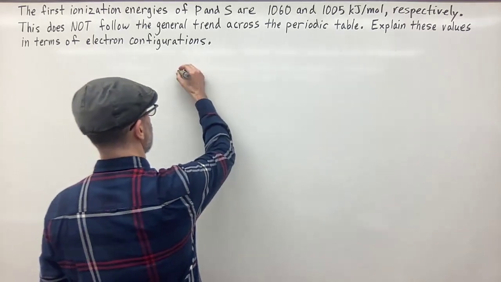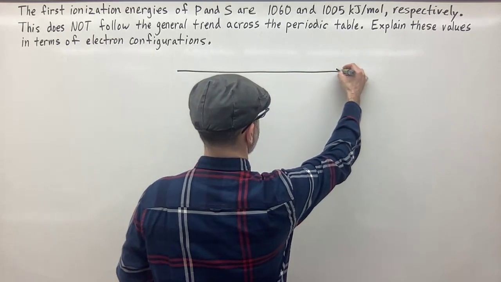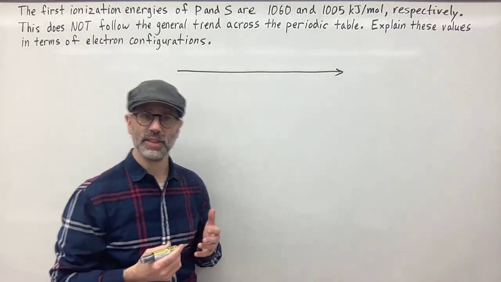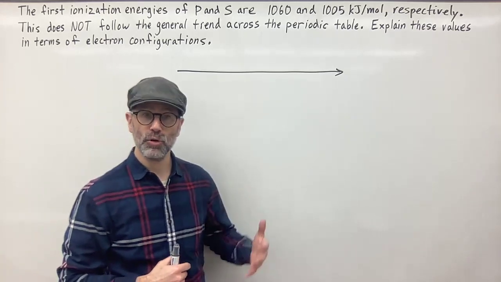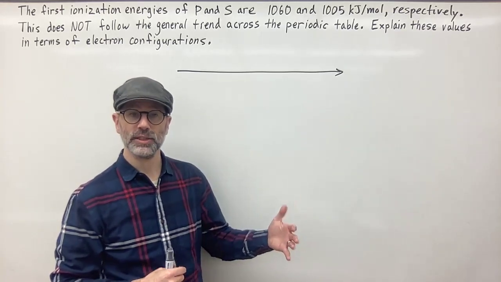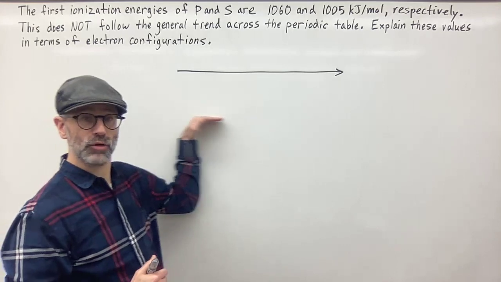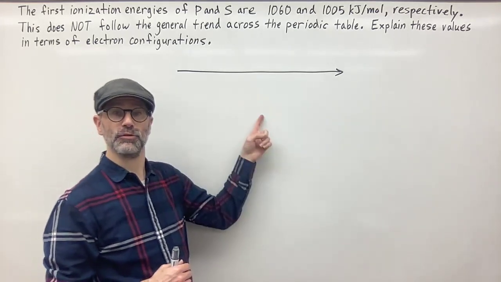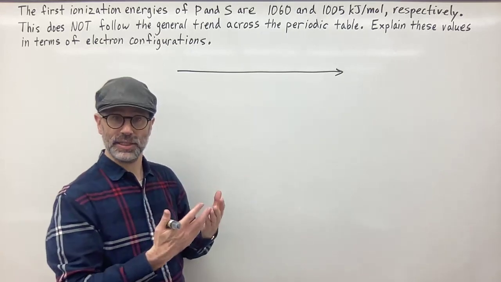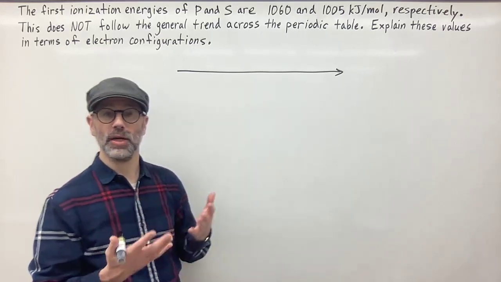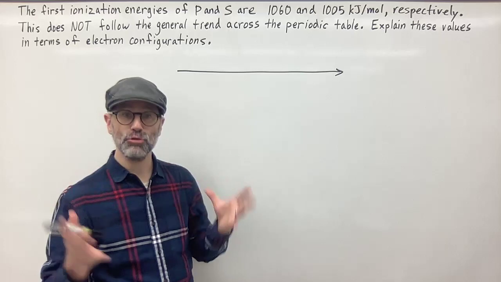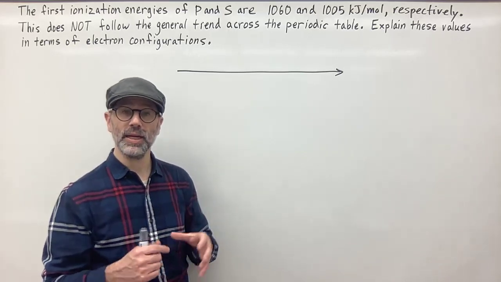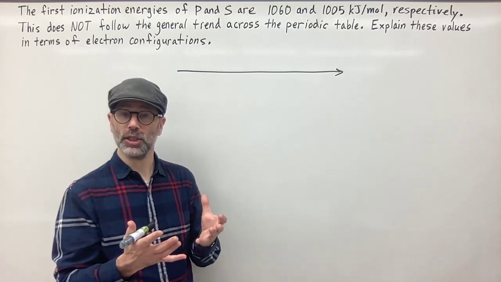as you go across the periodic table, right, what's increasing? The number of protons in the nucleus. So if you are going across the periodic table in a period, each successive element increases its number of protons by 1. So the effective nuclear charge of the nucleus is growing, meaning it's got more positive charge.